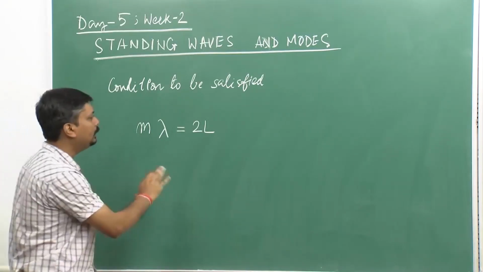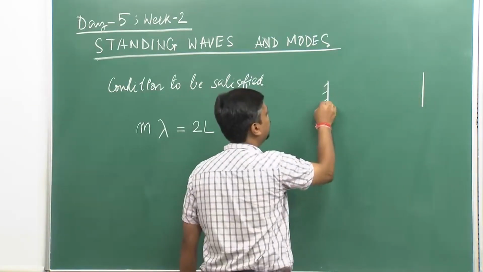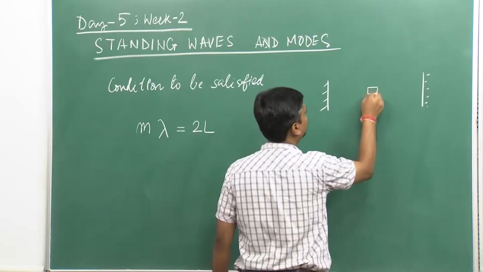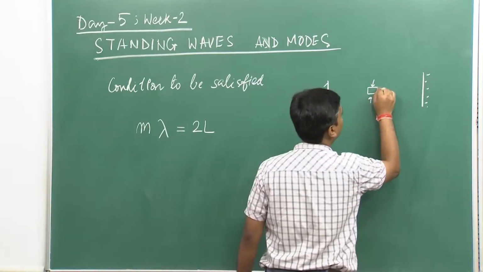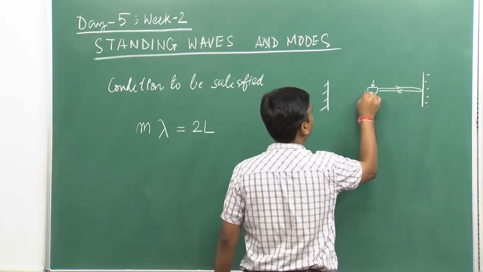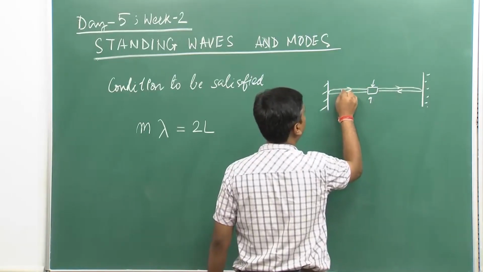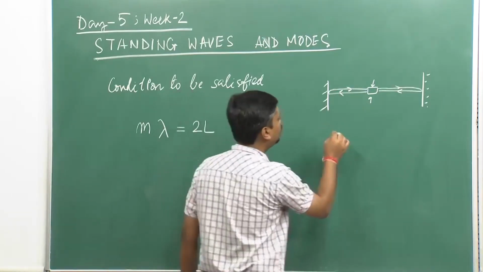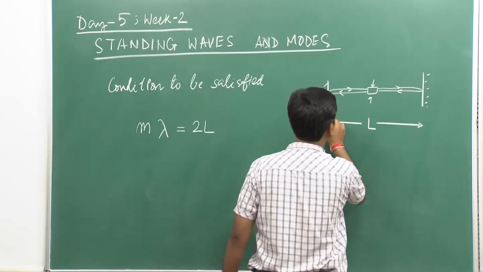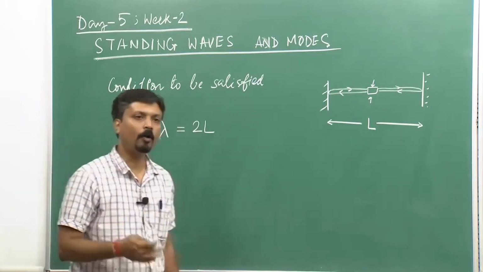Okay. So, what are these? We created this cavity, right? So, you have this active medium here. You are pumping and then your light is going and bouncing off between these two. The length of this cavity is L. Lambda is the wavelength of the light.